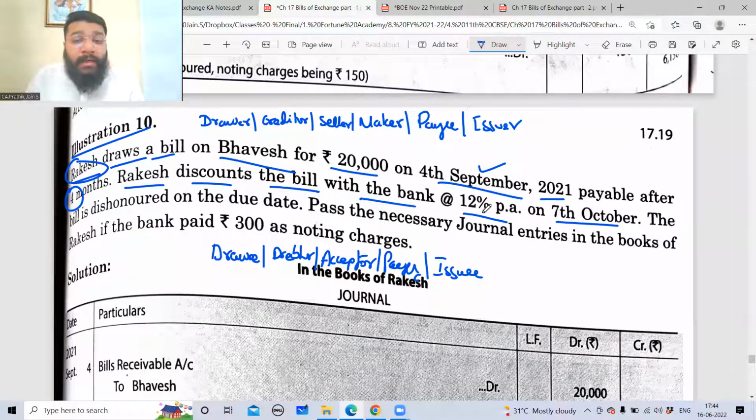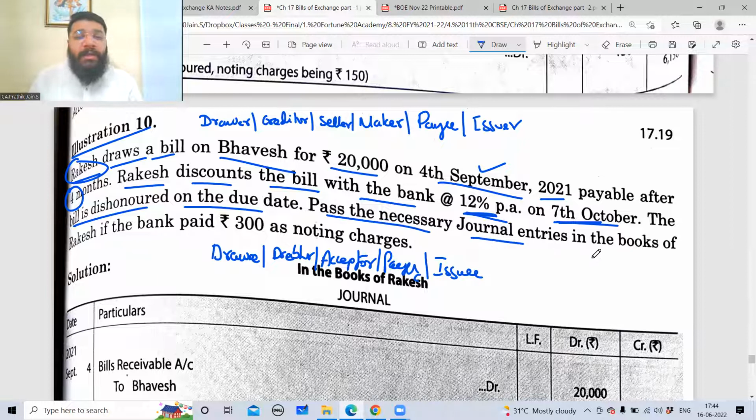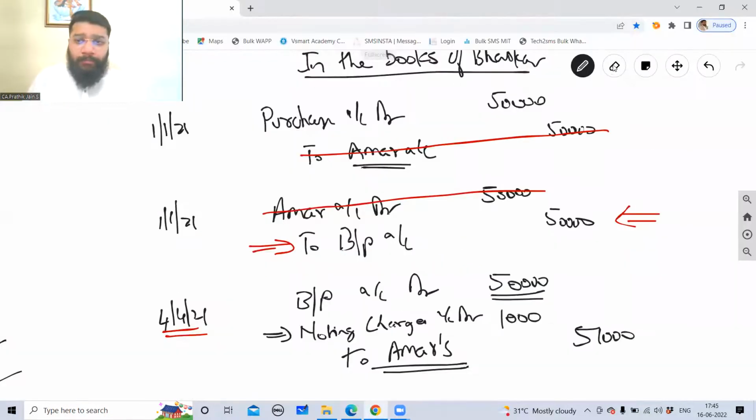So I will calculate interest at 12% for the proportionate period from October onwards, not from September onwards. I will pay interest to the bank only for the period that I've enjoyed the money for. The bill was dishonored on the due date. Pass the necessary journal entries in the books of Rakesh, if the bank paid 300 as noting charges. Okay, we'll do entries in both the books, no problem.